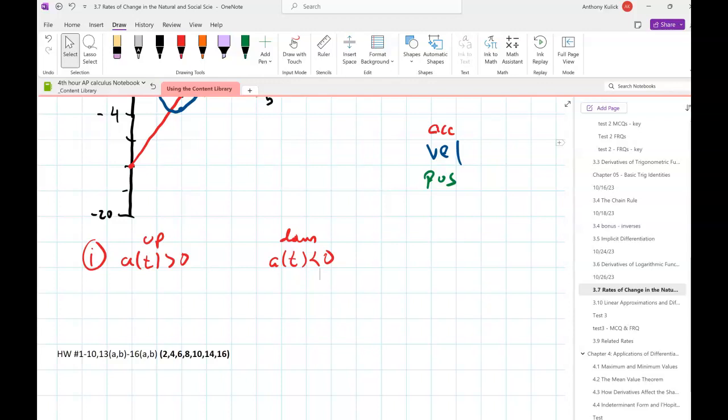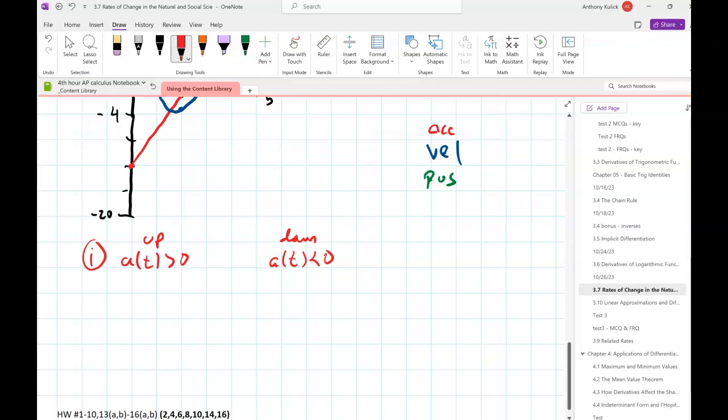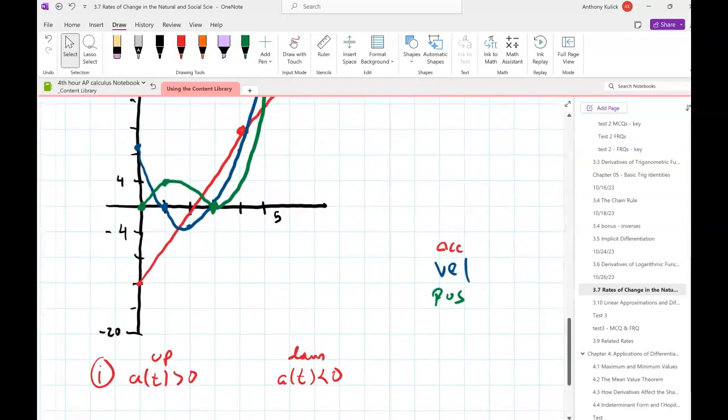So I need to look at where the acceleration is positive or negative. Again, I have that right here from the graph, right? Just when t is less than 2, it's negative, and when it's greater than 2, it's positive.